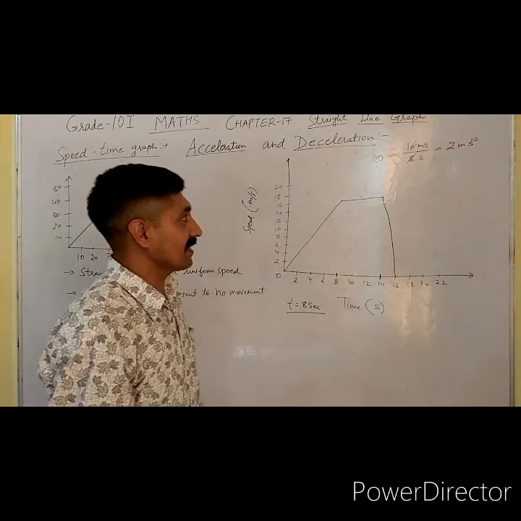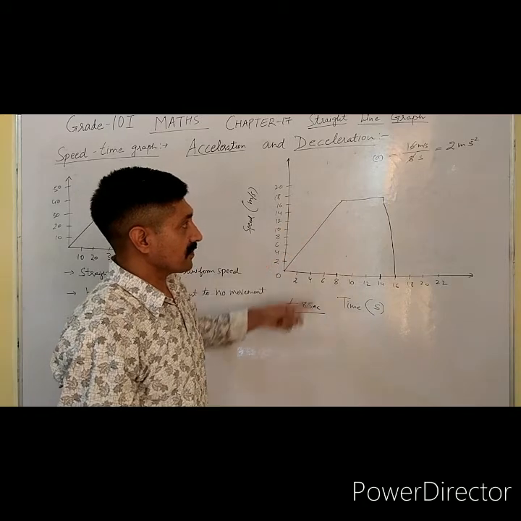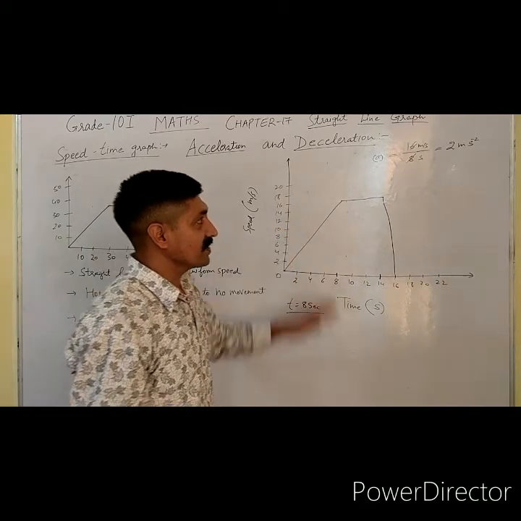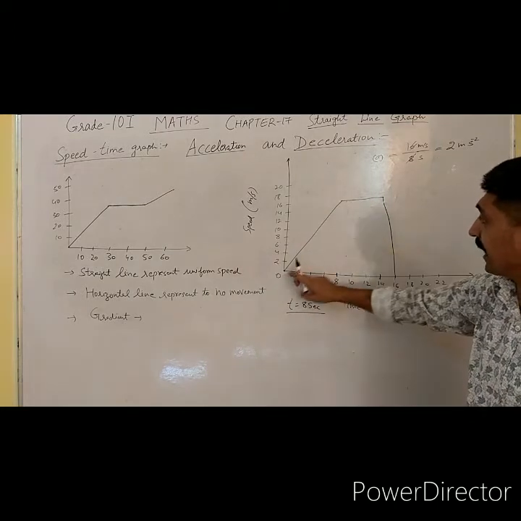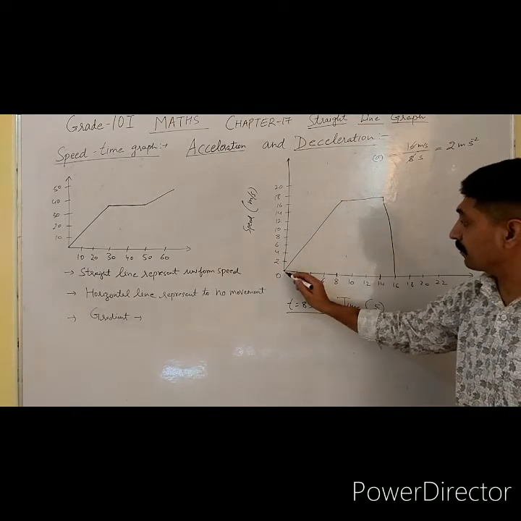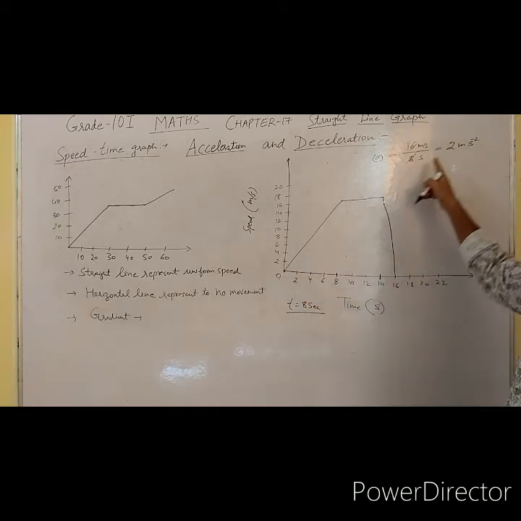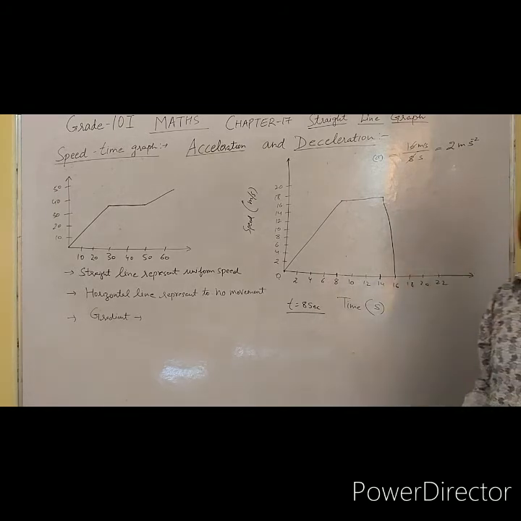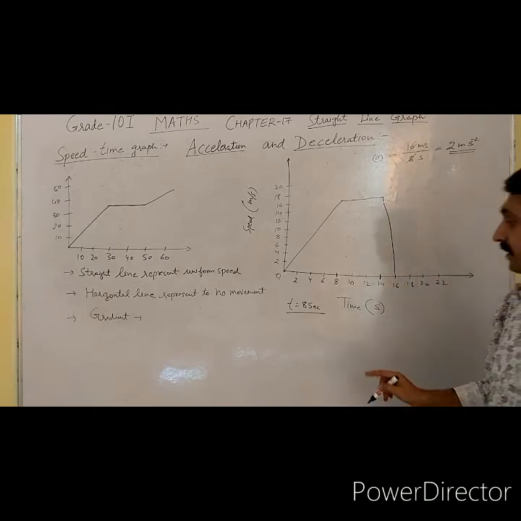That is the acceleration. So this graph shows that the acceleration from time interval 0 to 8 is 2 meters per second square.